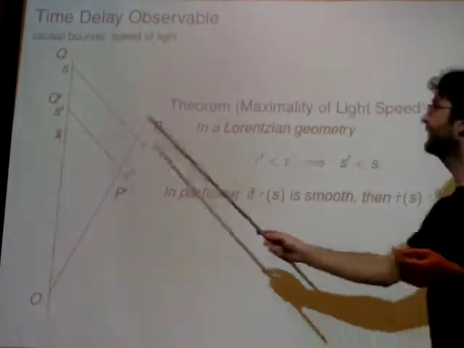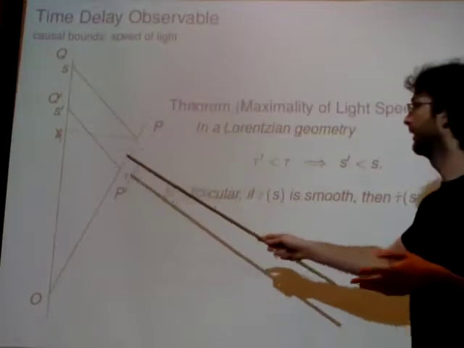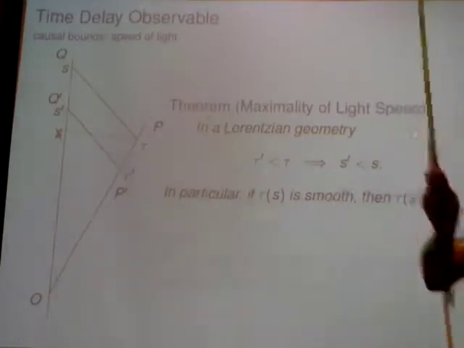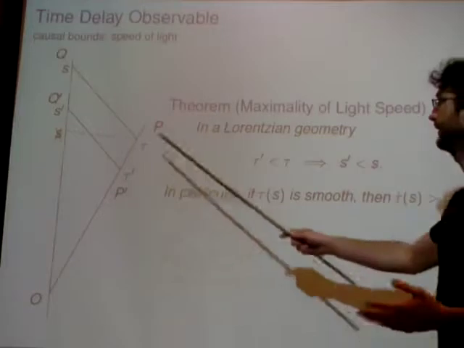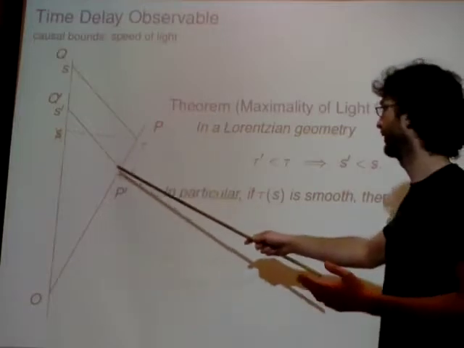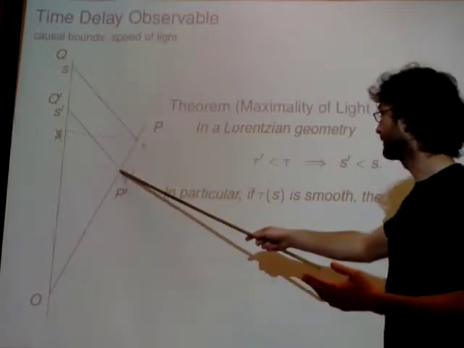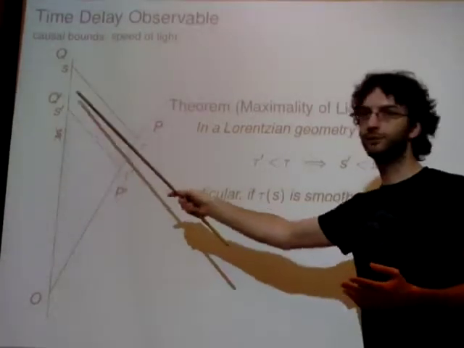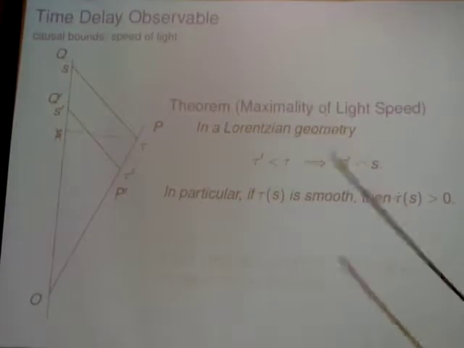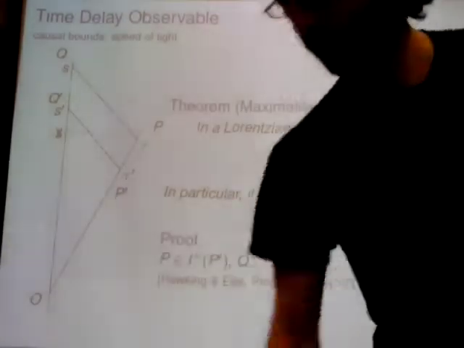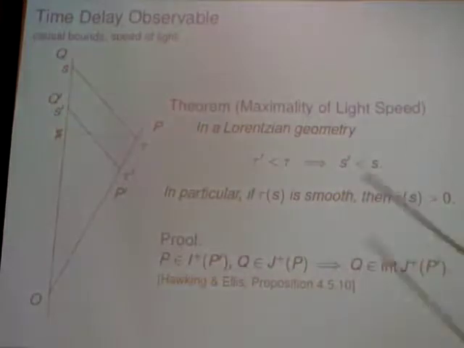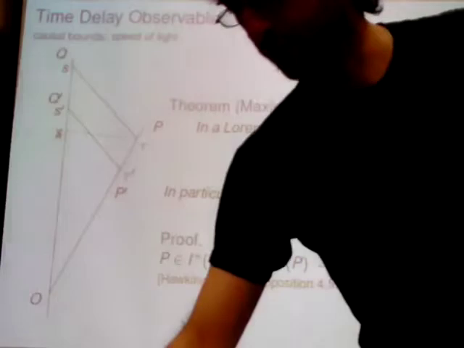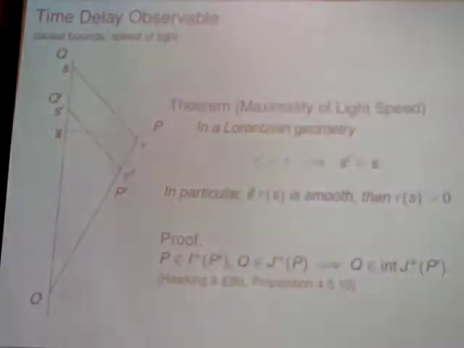If one could travel faster than light, and the geometry was sufficiently complicated, then you might have a situation where an earlier signal gets outpaced by a later signal, and you have an opposite ordering at reception. But in Lorentzian spacetimes, this does not happen, and I have a proof in my paper. It follows from some propositions in some analysis book or some other book in Lorentzian geometry. All right, so there's a bound.